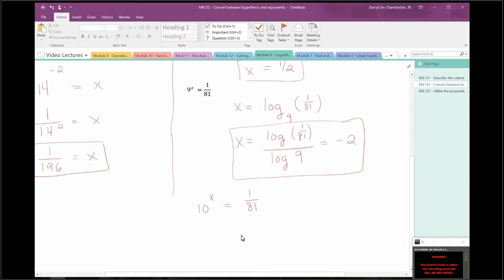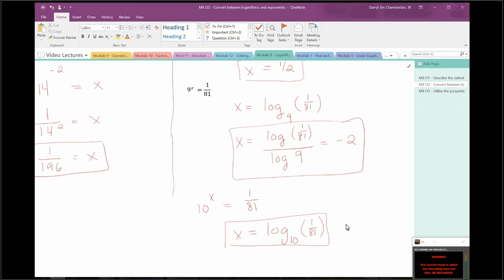But we can still use these same rules, this same conversion, to estimate what this is with a calculator. So we'd be able to plug this in a calculator and be able to figure out what this value is. And that is the whole point to learning how to do these conversions.